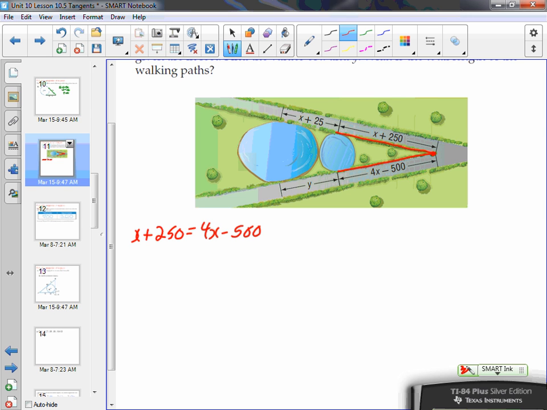Let's subtract x from both sides. We'll get 250 equals 3x minus 500. Add 500 to both sides. We'll get 750 equals 3x. So x equals 250. All right, so we've answered one question.